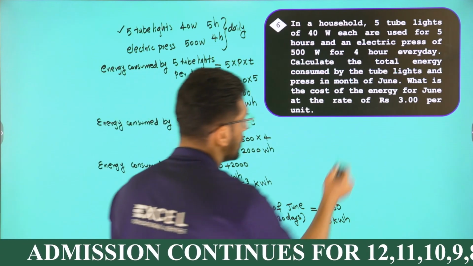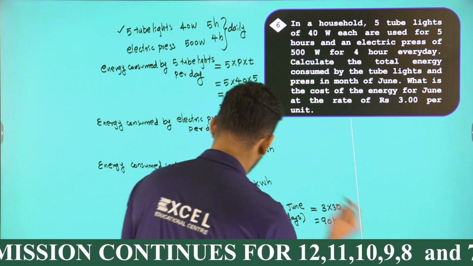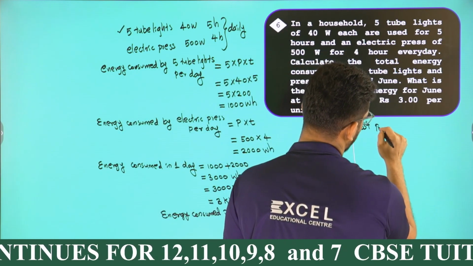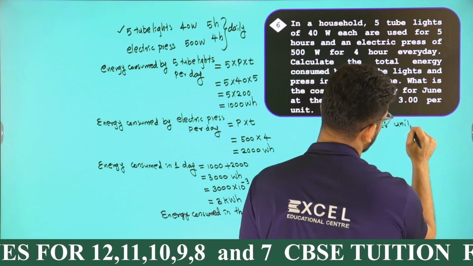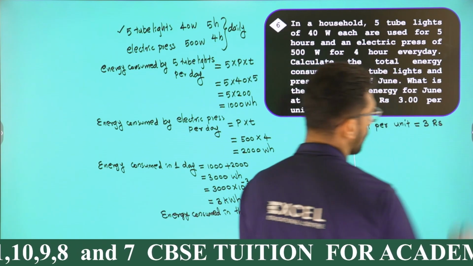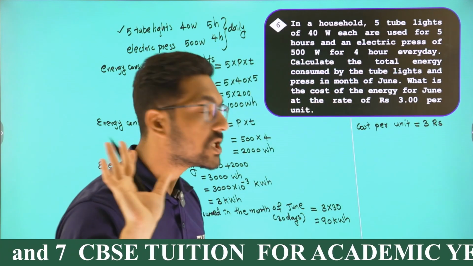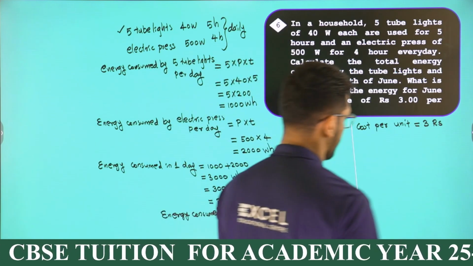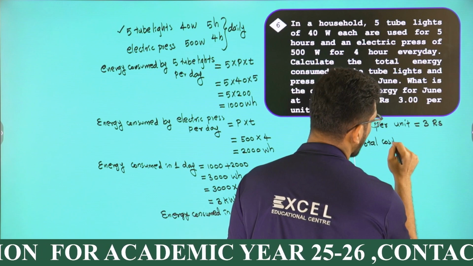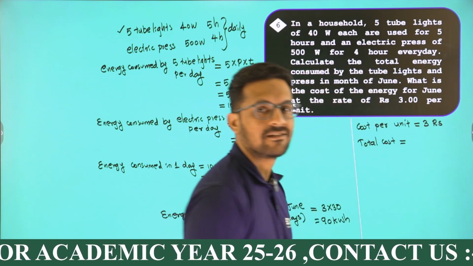Okay, 90 unit. What is the cost per unit? Per unit, they are going to bill us 3 rupees. Then what will be the total cost?